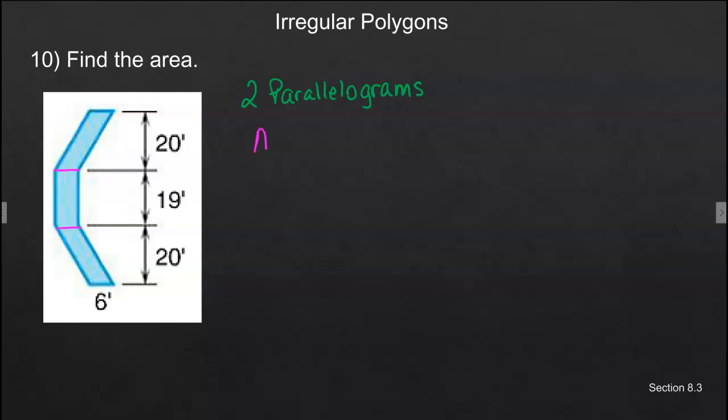So I'm going to say my area is, the base is going to still be 6, and my height is 20, and then that's going to be times 2. So 120 times 2, and that's 240 square feet.